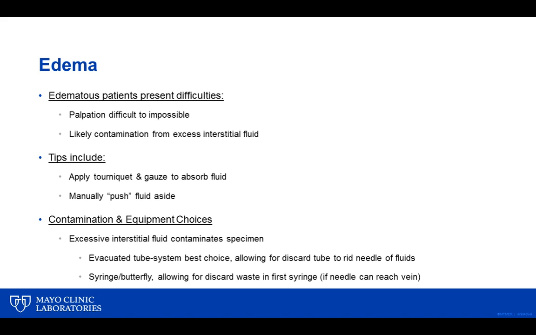Edematous patients present some difficulties. First and foremost, finding a vein can range anywhere from difficult to almost impossible. We also have to worry a bit about contamination, and that contamination comes from all that excess interstitial fluid that's causing that distension, the actual cause for the edematous patient.